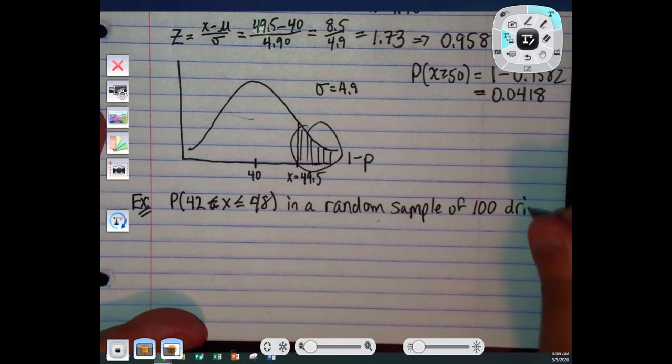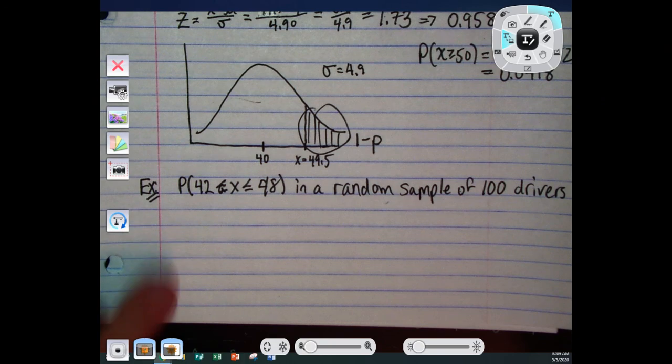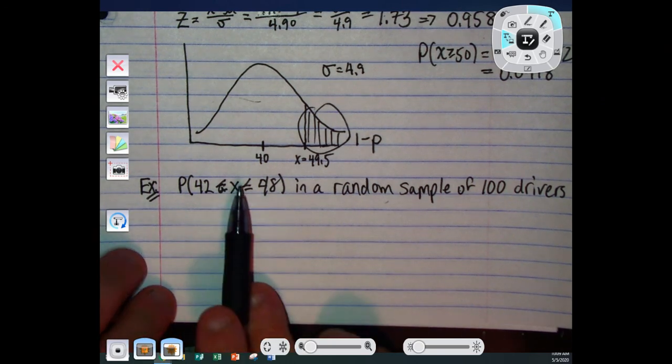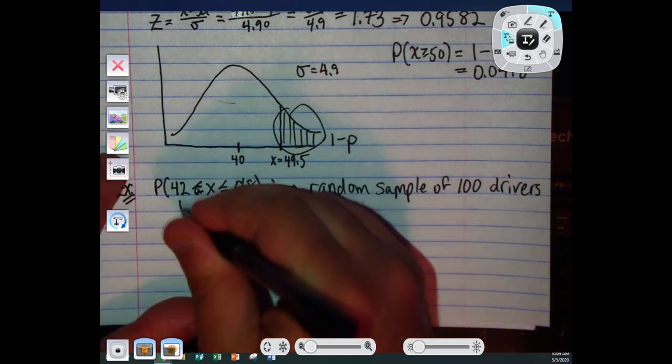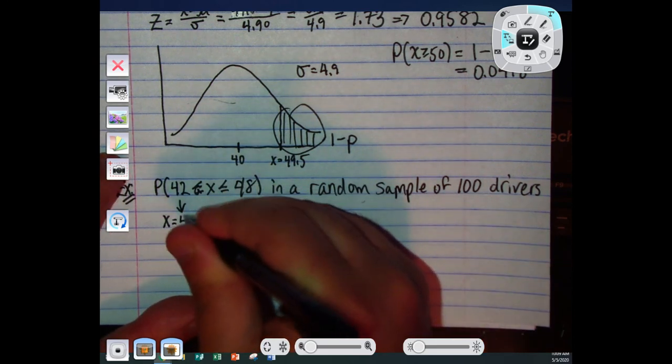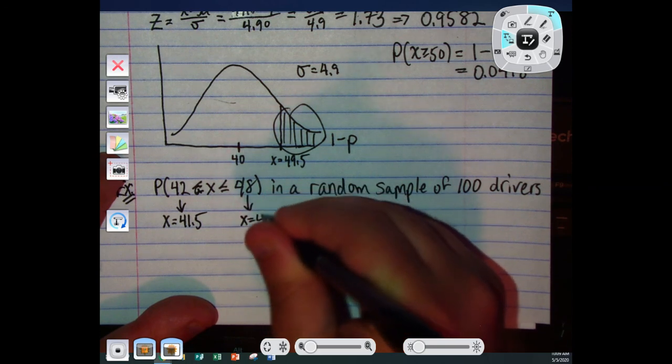Because it's 42 and 48, we're going to use the normal approximation. I want to pick x equal to 41.5, and x equal to 48.5.